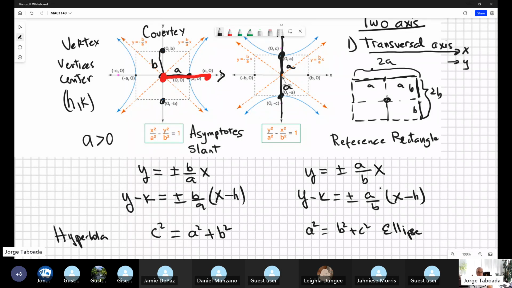Vertex and covertex. And we have the famous asymptotes. So this construction is mandatory to do a decent graph of the hyperbola.